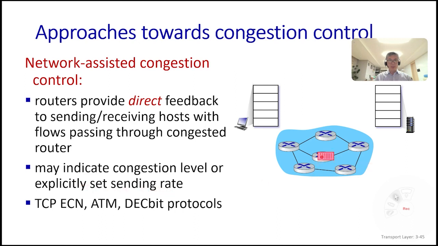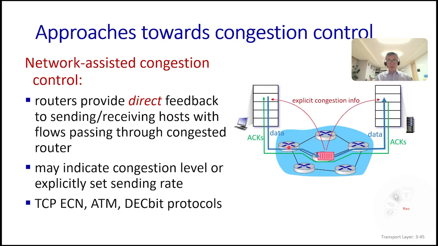This one can mark packets, so it is called TCP ECN, and ATM, asynchronous transfer mode, which is some advanced cell switching, and DECbit protocols were proposed in the past. So routers embed explicit congestion info.